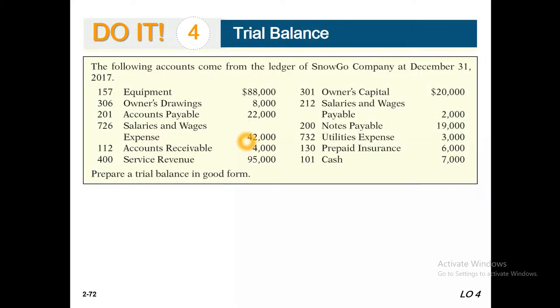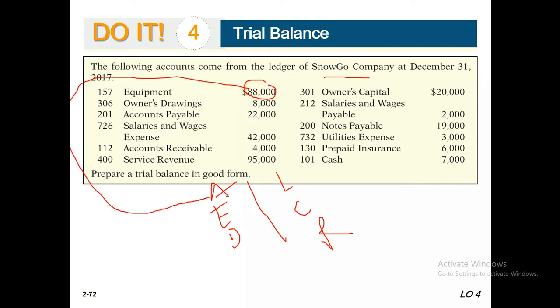Here is the trial balance, according to this question, ledger of Sonogo company. So here we know our asset, expense, and drawing will be debit, and our liabilities, capital, and revenue will be credit. So here equipment is an asset, it will be our debit. That means this is the debit side, and this is our credit side. Clear?